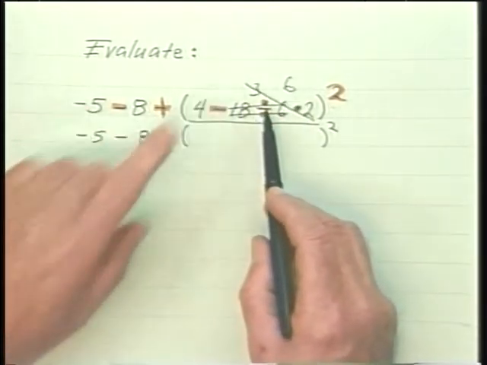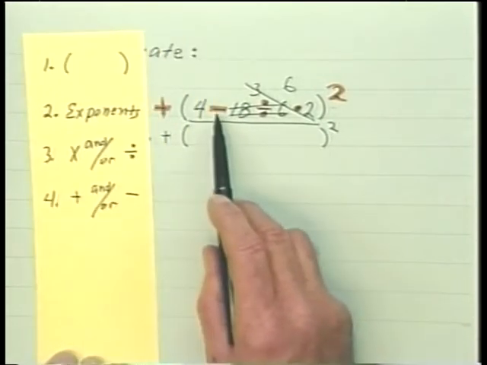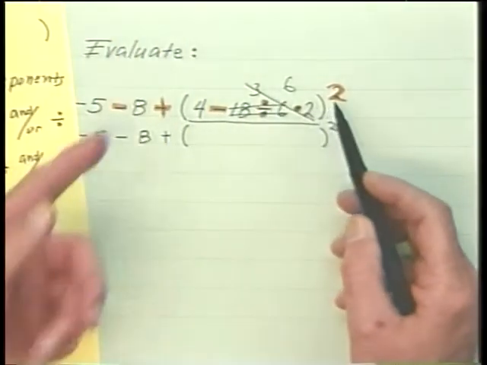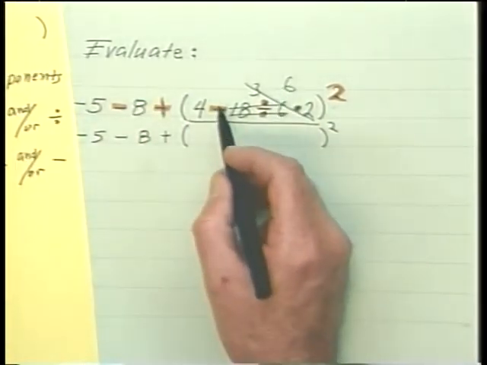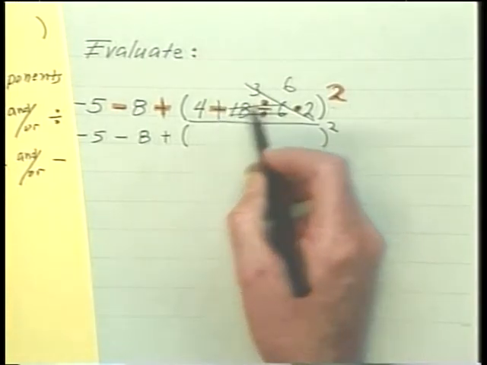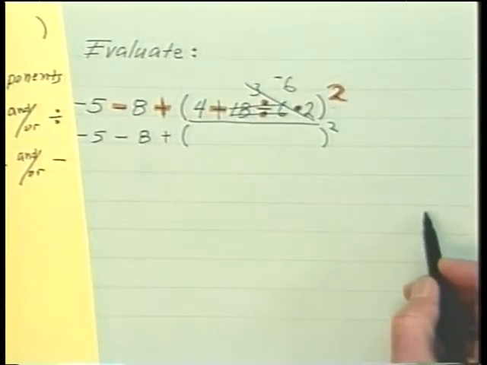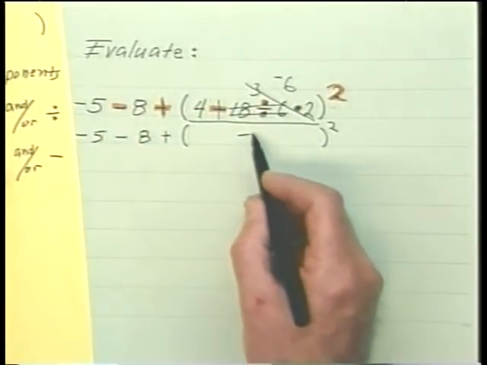So doing the multiplications and or divisions before the subtractions, I have now reduced the parentheses to 4 subtract 6. Subtraction, if you need still to think of it as add the opposite, do so. So 4 added to negative 6 is negative 2.